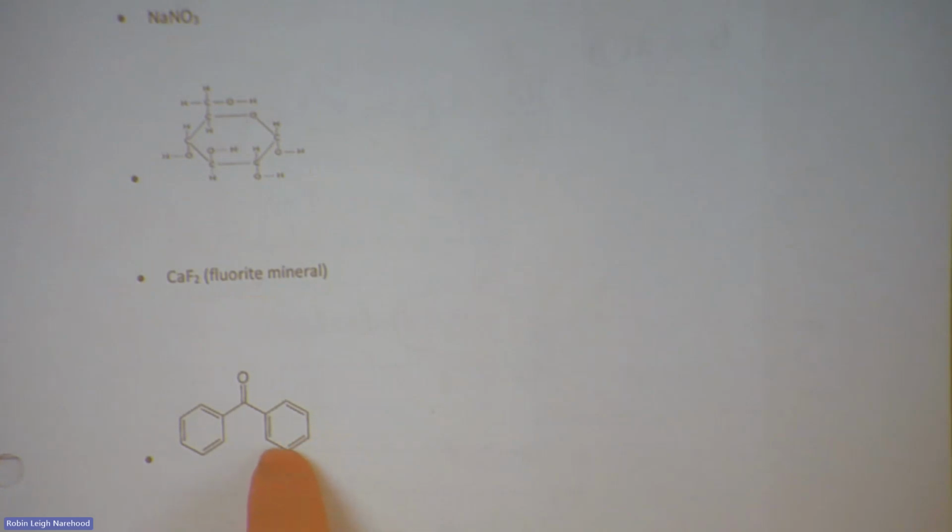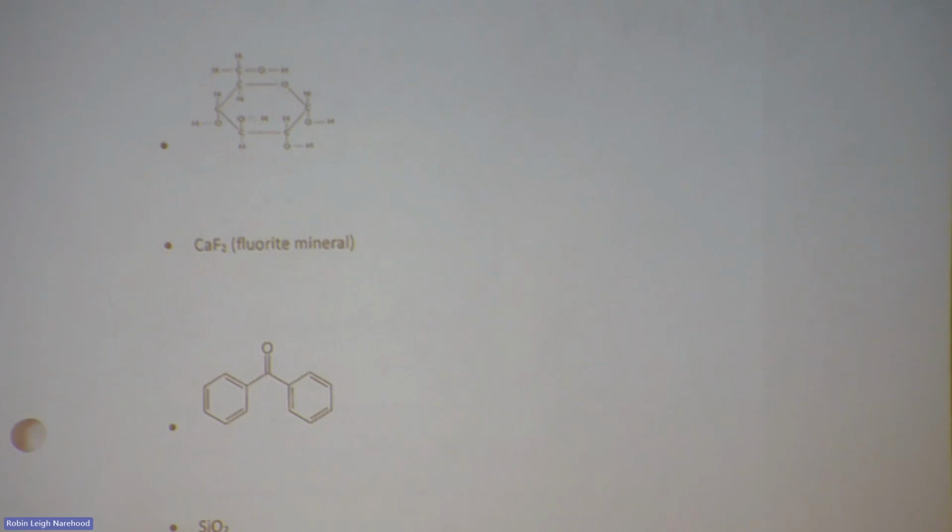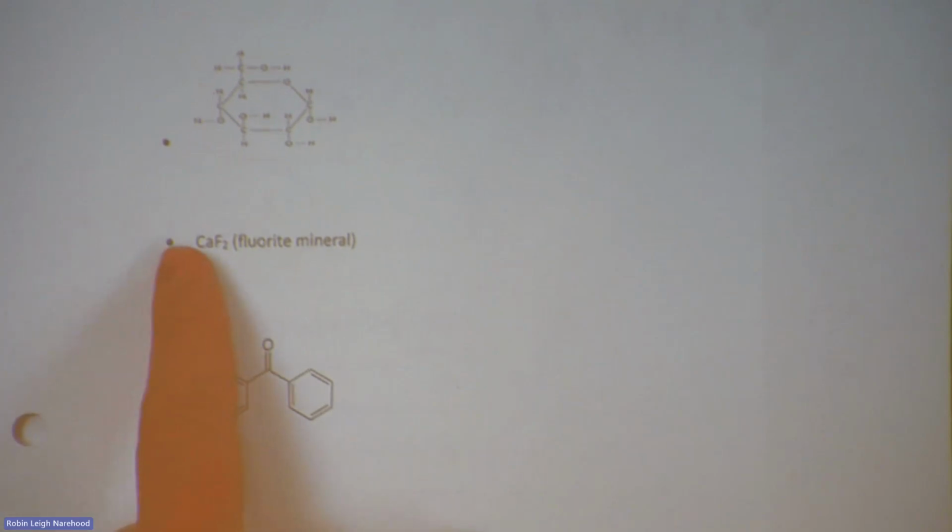Guess what those lines represent? They represent covalent bonds. Every line represents a covalent bond. It's just all the bonds are not drawn. When you see a formula, you cannot automatically assume the kind of bonds. You have to look at the identity of the substances.